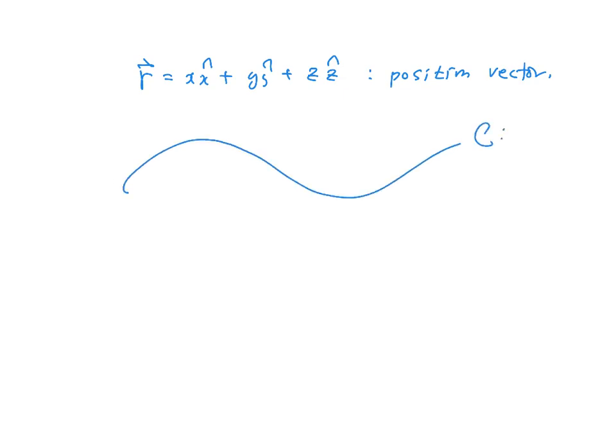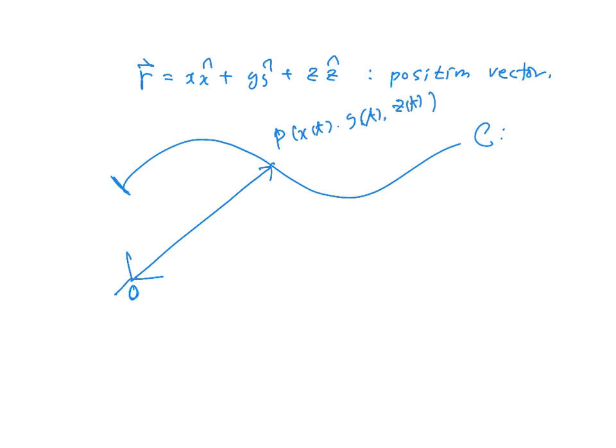A very special vector is called the position vector. Assuming that we have some curve, and we have a reference point, we can define some position P: x(t), y(t), z(t).